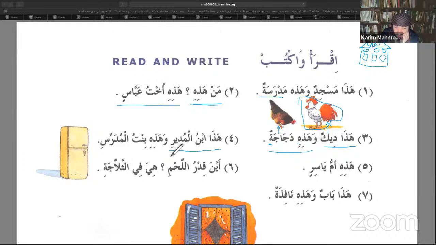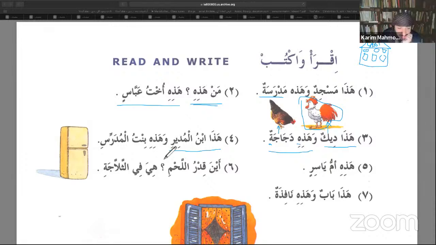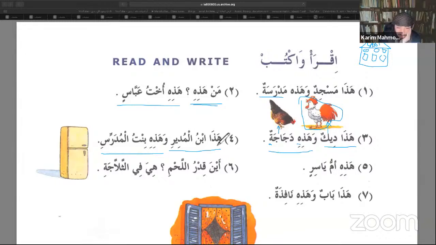هذا ابن المدير. وهذه بنت المدرس. Okay, and okay, هذا ابن المدير.